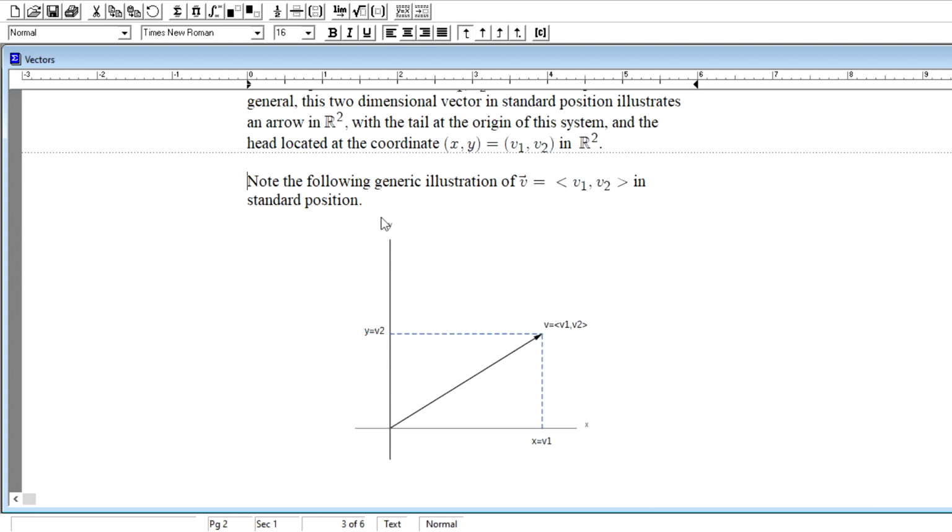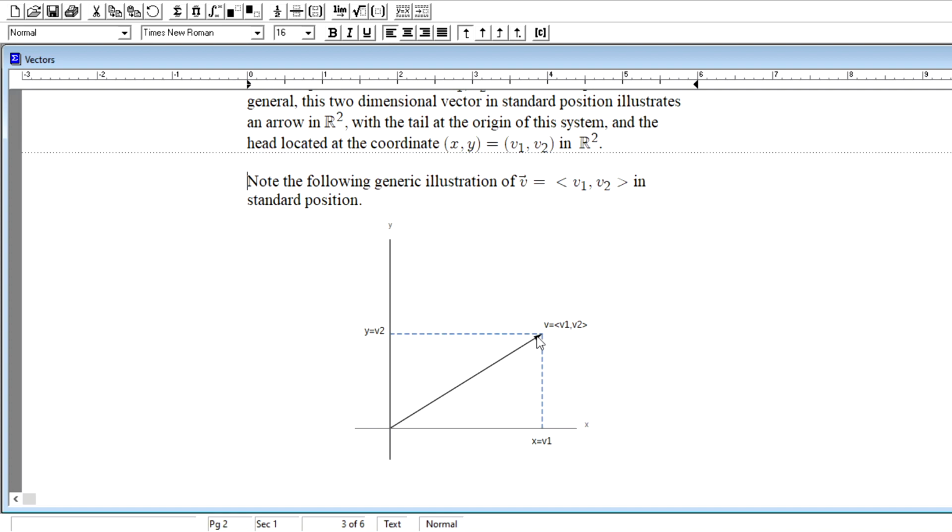Here we are in our 2-dimensional xy plane, and here we have this arrow illustrated in standard position. The tail of the arrow is located here at the origin. The head of the arrow is located here at this coordinate v1 comma v2 with respect to x and y, where this arrow is representing this vector we call v1 comma v2.